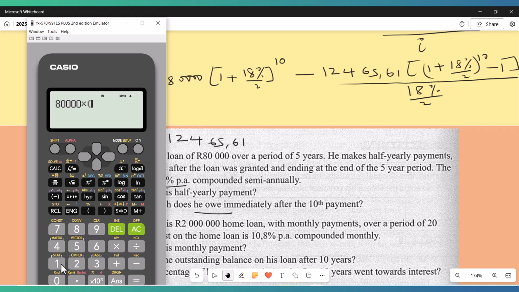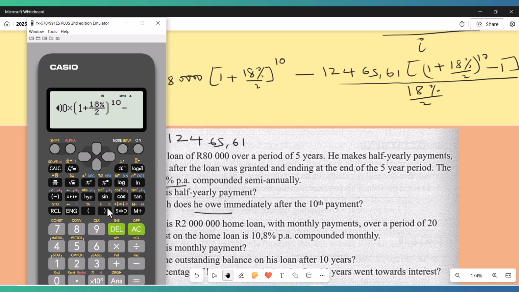Now this is the loan growing by compound interest, 18% divided by 2, because we are compounding semi-annually. Close the bracket, power 10, because they said 10 payments. Then minus the future value. We are using the same monthly payment.